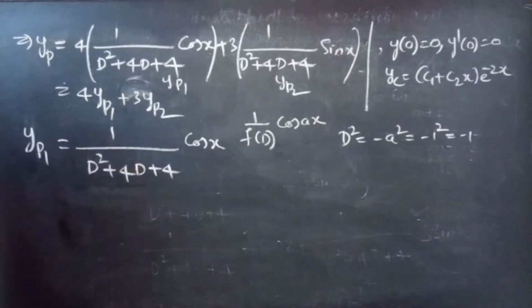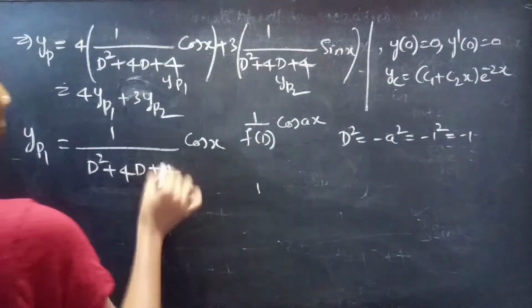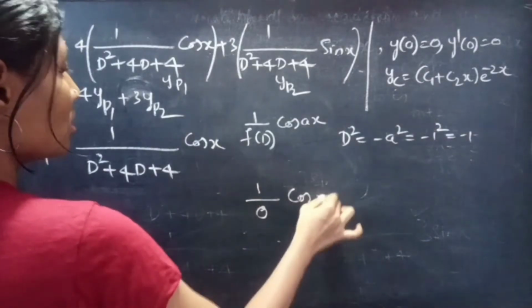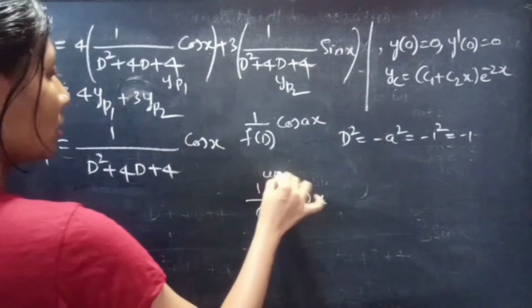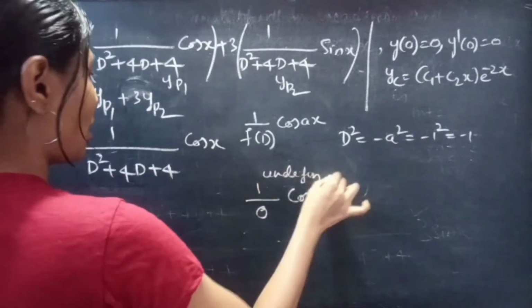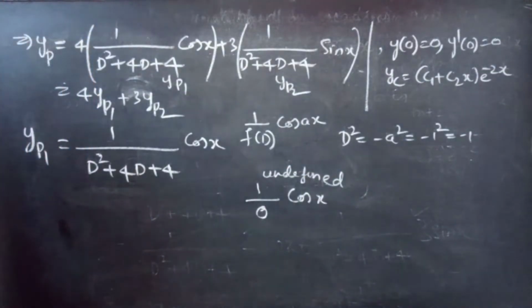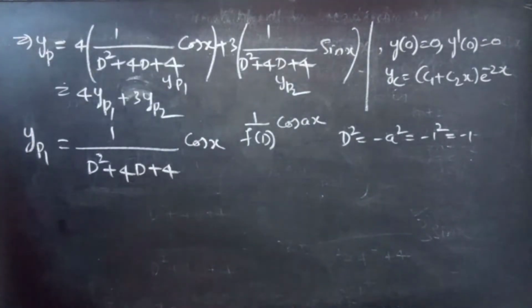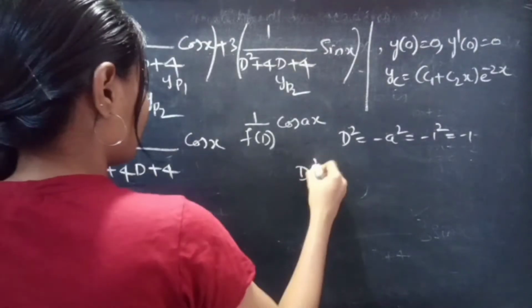Always the denominator must be non-zero. If the denominator becomes 0, the total term becomes 1 by 0 into cos x. Since 1 by 0 is undefined, the total term becomes undefined, right? So, we should get the denominator non-zero.